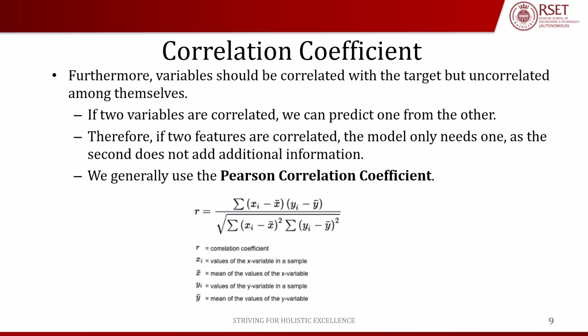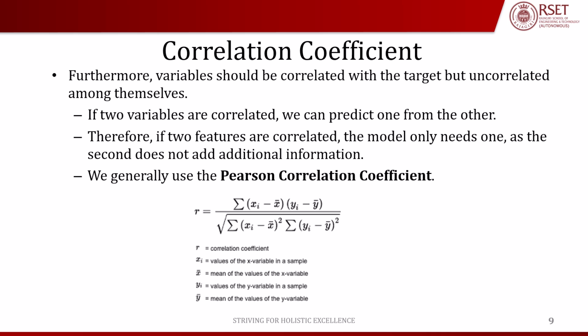+1 means that both features are perfectly positively correlated. So if you take one vector 1 2 3 and the other vector a multiple of 1 2 3, it can be a multiple of 2, that is 1 2 3 becomes 2 4 6, or any other multiple, those are perfectly positively correlated, and so the value of the Pearson correlation coefficient would be +1.